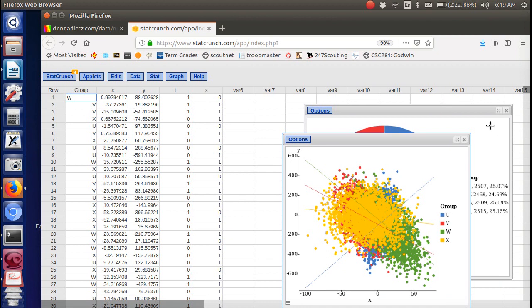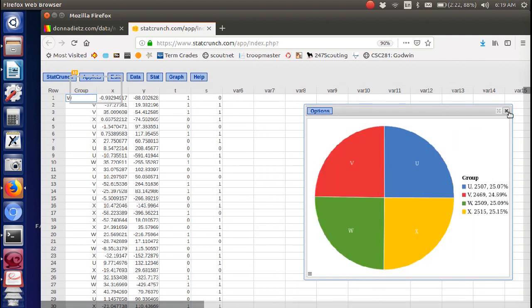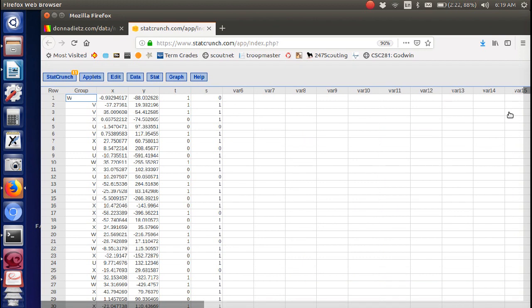Okay, going to step 16. It's often necessary when doing statistical work that you need to do what's called recoding variables. That means it's often necessary to rename your data for reporting purposes or to keep yourself from going completely insane. So we're just going to recode, we're going to rework T and S using this thing called compute expression.